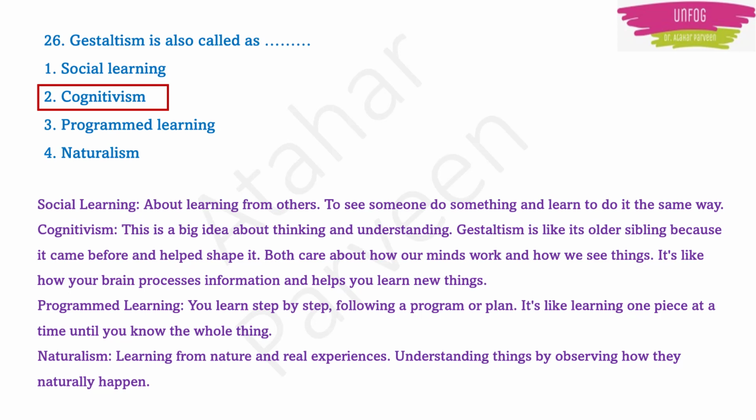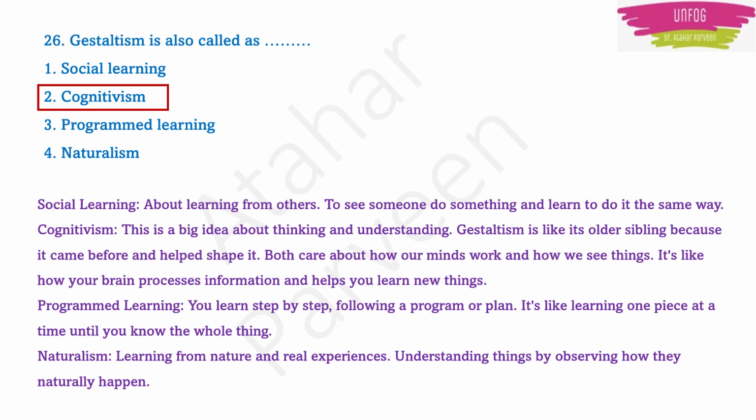But then what is social learning? It is about learning from other people, to see someone do something and learn to do it the same way the other people are doing. Then what about programmed learning? It is the way we learn things step by step by following one plan or one program. It's like learning one piece at a time until we know the whole thing, then again learning the next piece.